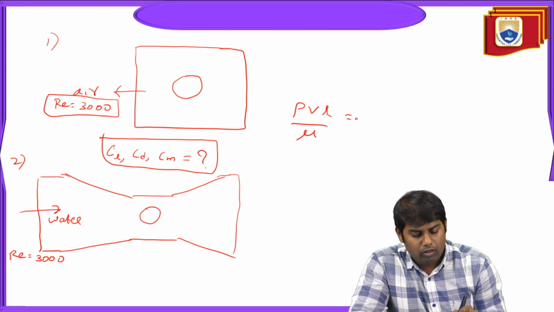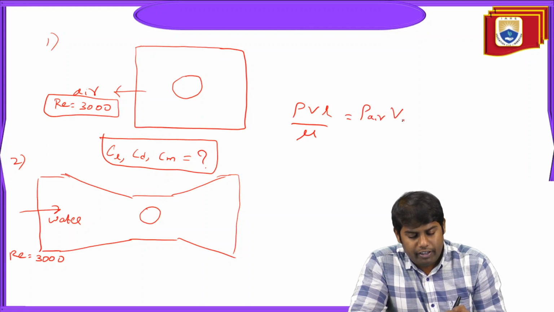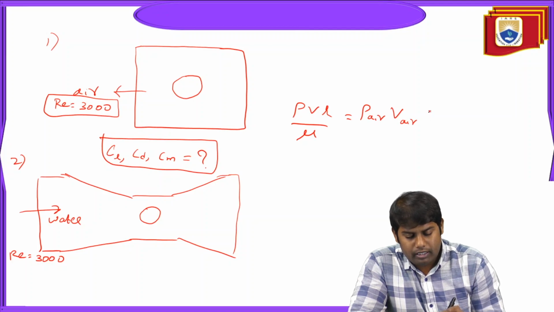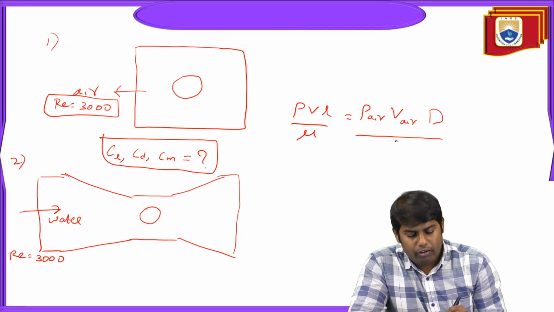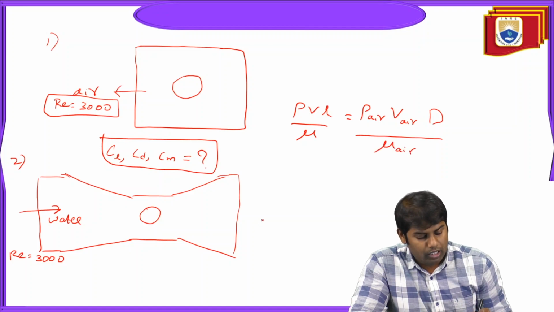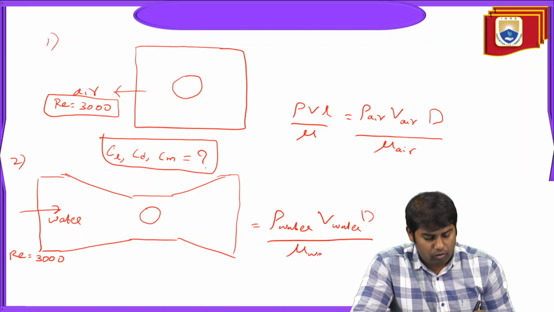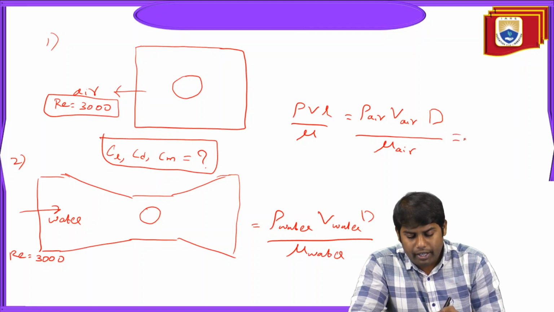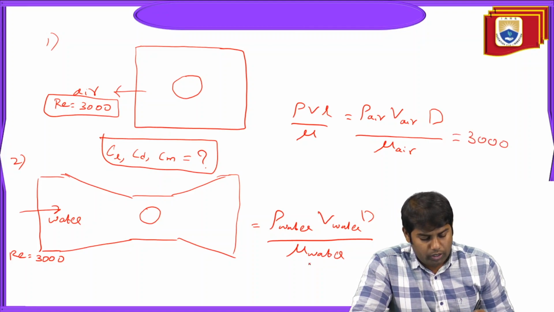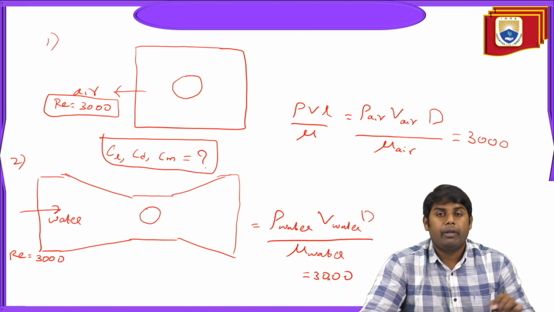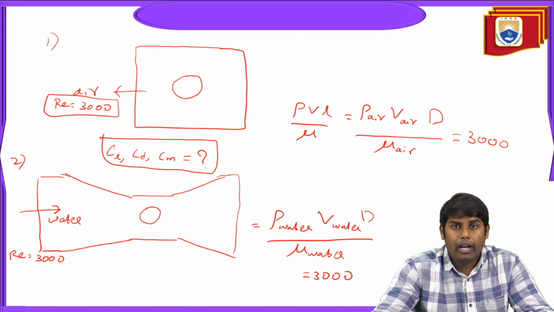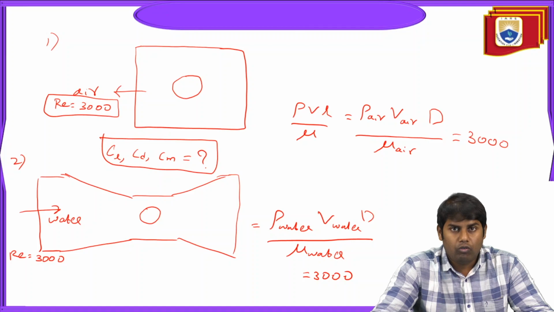Let's say here we have rho of air and V of air, and D, the diameter of the cylinder, divided by mu of air. And here we have rho of water and V of water and D divided by mu of water. Here we are getting 3000, and here we are getting the same 3000. Internally, the values are able to adjust by themselves to get the same Reynolds number.